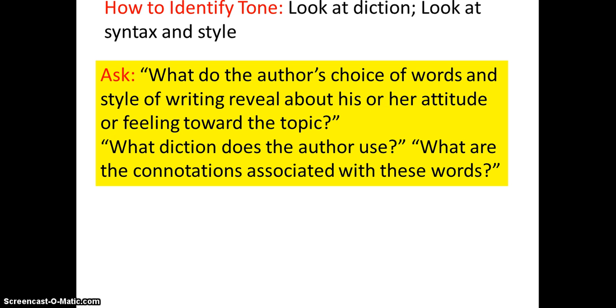What are the connotations associated with these words? Again, connotations are the feelings that are associated with a certain word. So for example, you could say, he is so smart. Oh, he is a geek. He is a nerd. He's a whiz. And all those things have a very similar meaning, but different connotations.